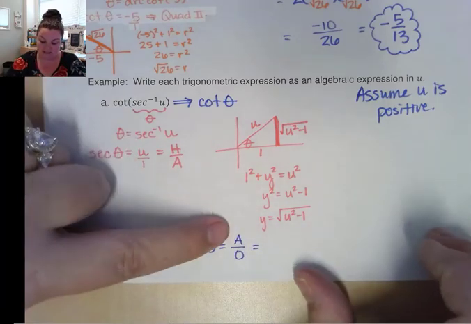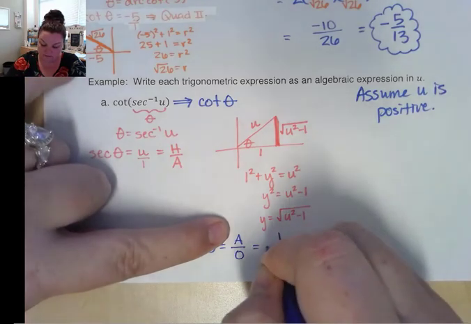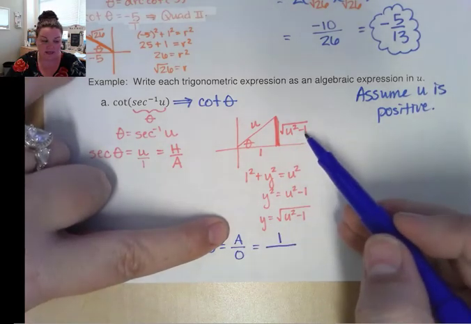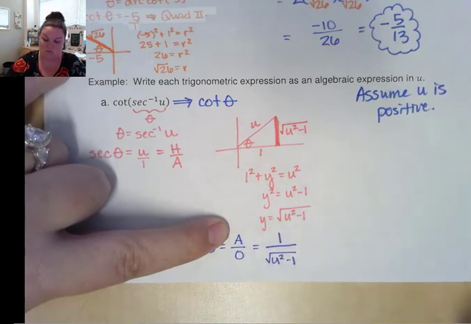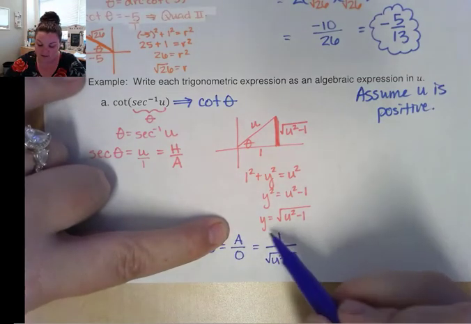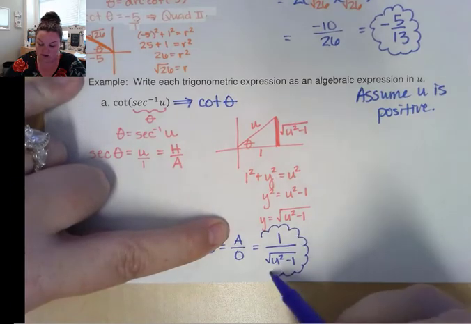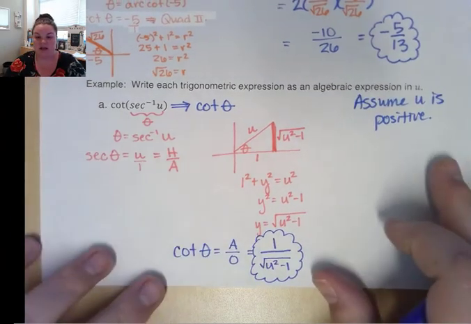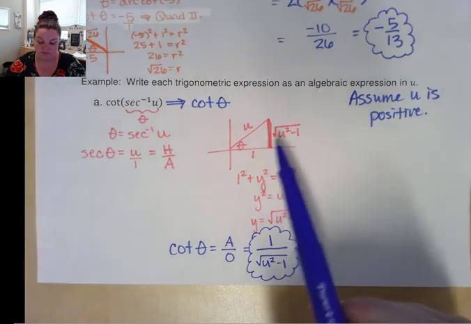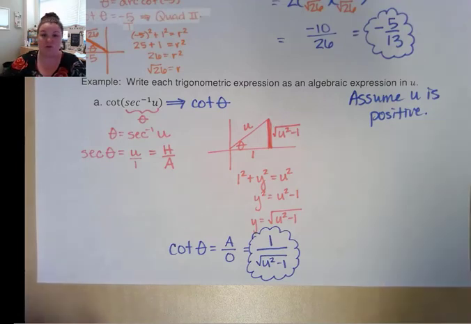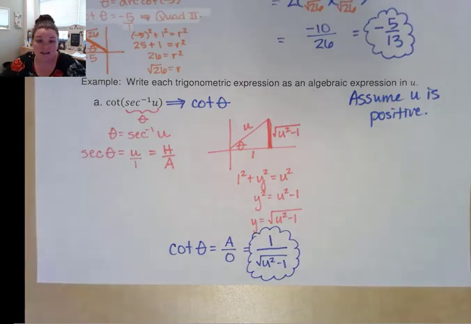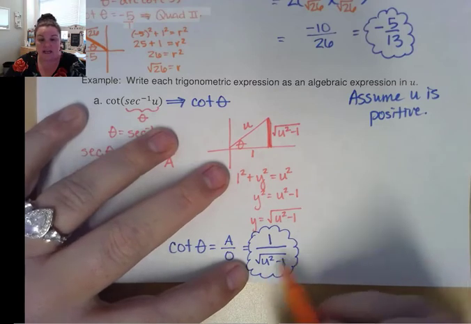So our adjacent side is 1 over the opposite side, which is the square root of u squared minus 1. Now, on an exam, I would be fine with you stopping right here. That's all I care about, that you were able to find and label these sides and give me this function. On your homework, though, they might have you rationalize the denominator. In this case, it's pretty easy.